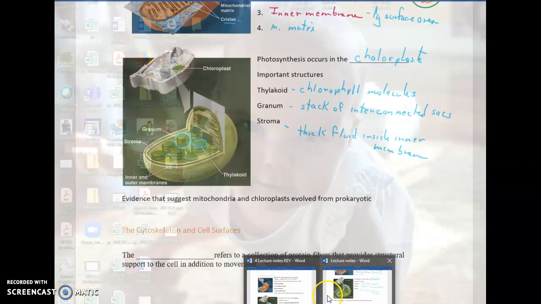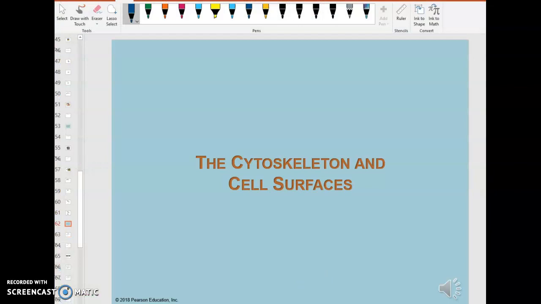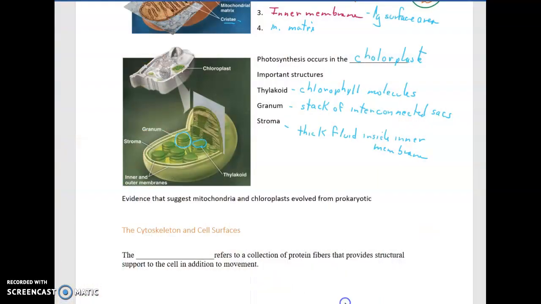Oh, I know, I was going to go through, and if I can get my thing to come back up. The evidence that suggests that this is what occurred is that mitochondria and chloroplasts contain their own DNA.